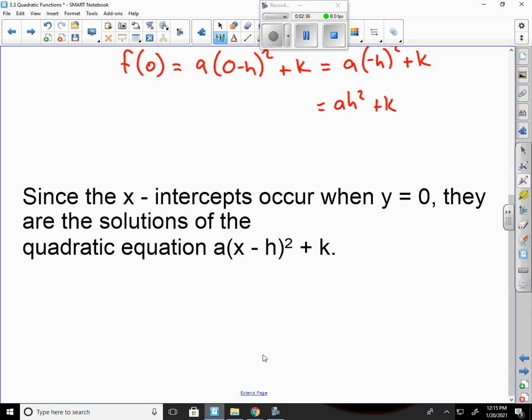Since the x-intercepts occur when y equals 0, they are the solutions of the quadratic equation a times x minus h squared plus k equals 0. What does that mean?